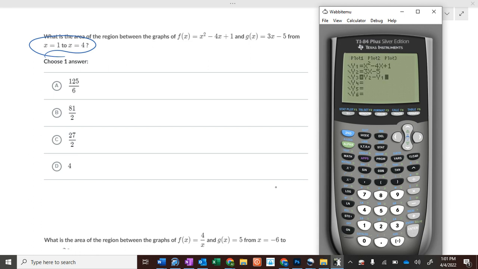So we're taking the y2 function minus the y1 function, and then we're going to graph that. So we're going to graph the new function of subtracting them.